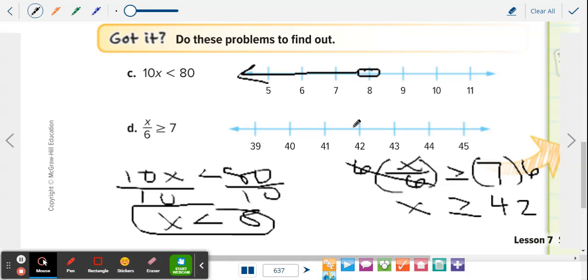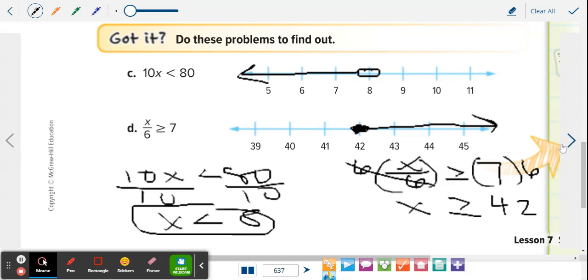Okay, circle or dot? Dot, because it can equal 42, and then left or right? To the right. Remember, you only put a circle if it doesn't have the equal part. It's got to have that line down there to put the dot, because otherwise it does not equal that number. Okay, any questions on that part?